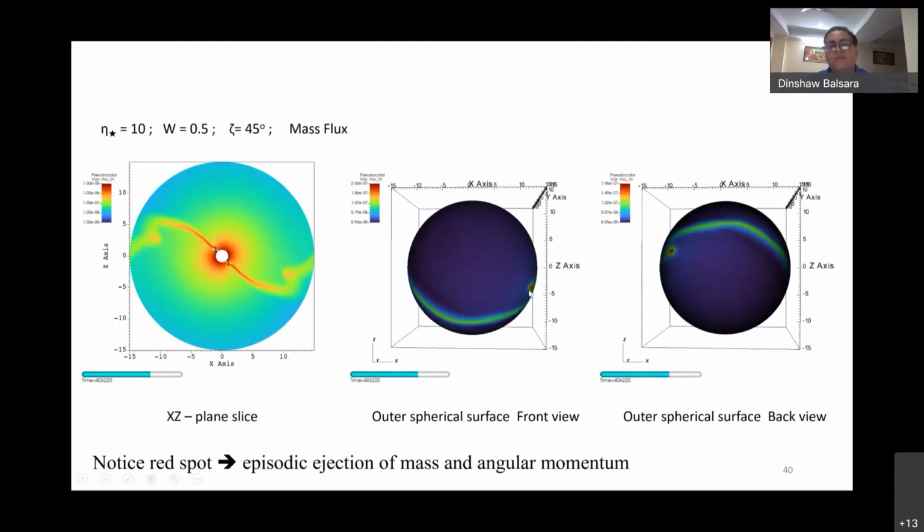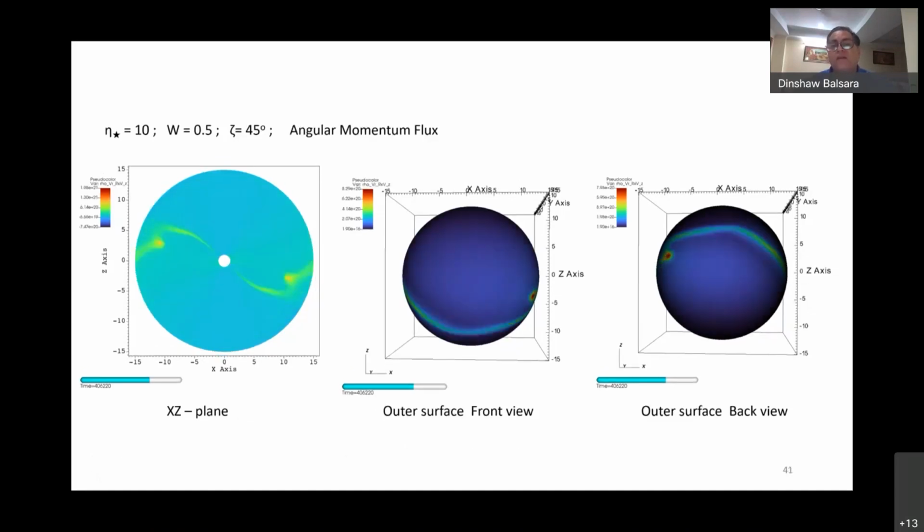And you can see that clump formation ensures that the episodic ejections of high masses are taking place out here. Now, if you plot out the angular momentum, you can again see the same trend of episodic clump formation. Of course, at these large radii where you're seeing the outer boundary color-coded with angular momentum loss, you're basically seeing episodic ejection of angular momentum.